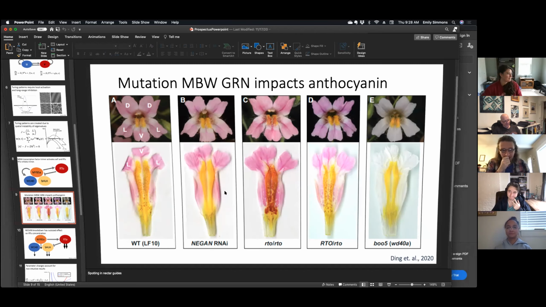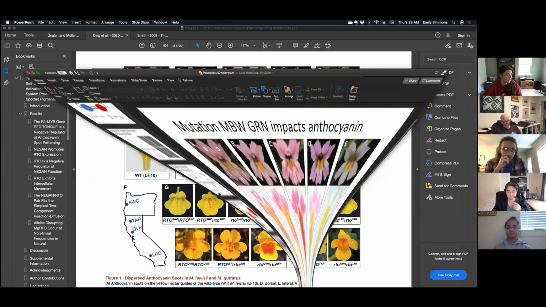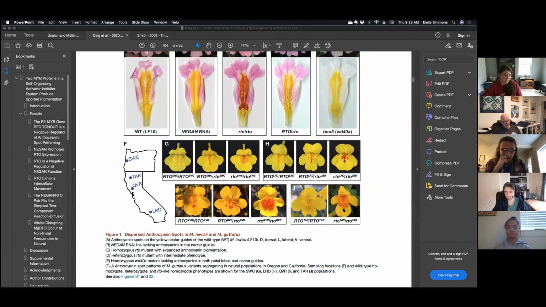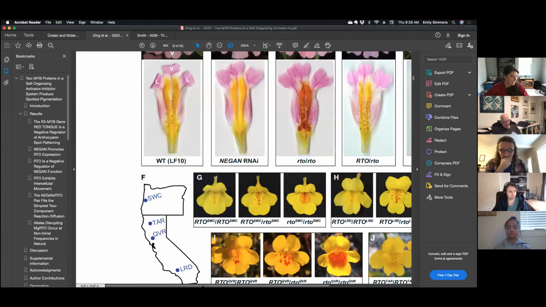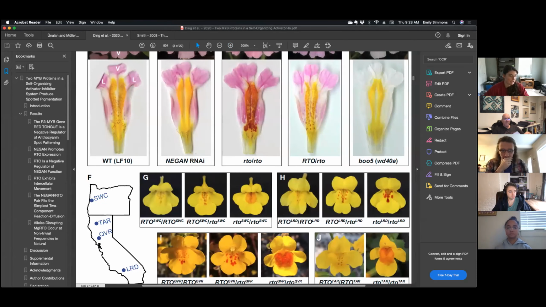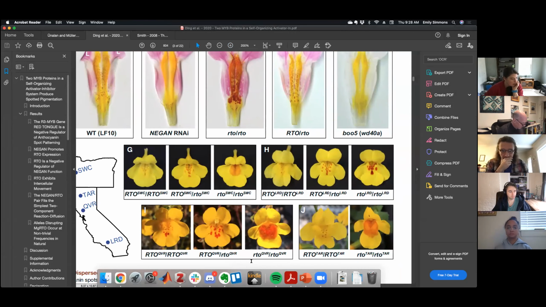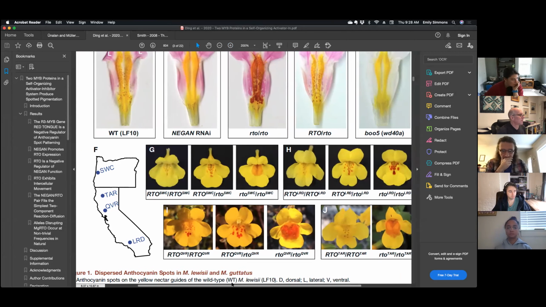And then here we get, going to Dan's question about what happens in natural populations. So this is kind of an interesting segue. Here we see the interactions between naturally occurring populations. Here we go.